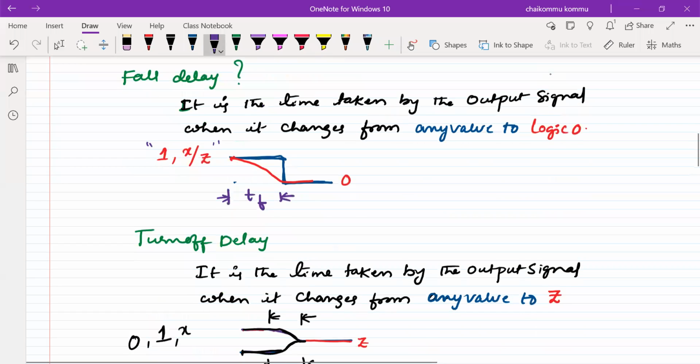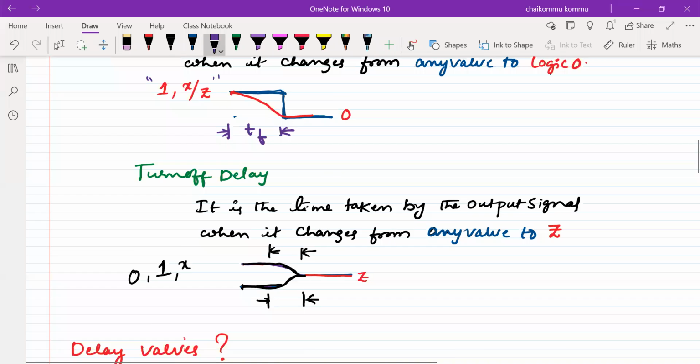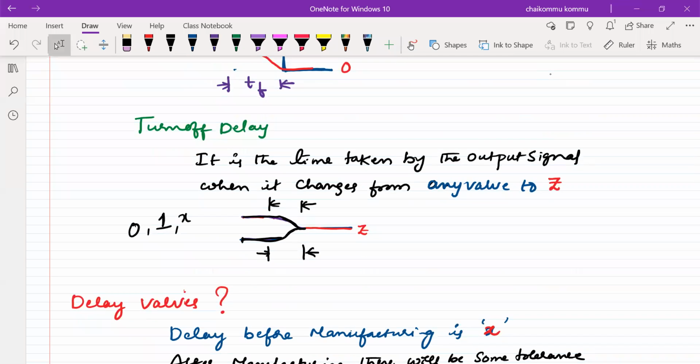From the digital circuit point of view, we have another one called turn off delay. It is the time taken by the output signal when it changes from any value to the high impedance state. It may be 0, it may be 1, it may be x. When it transfers to the high impedance state, it takes some amount of time.